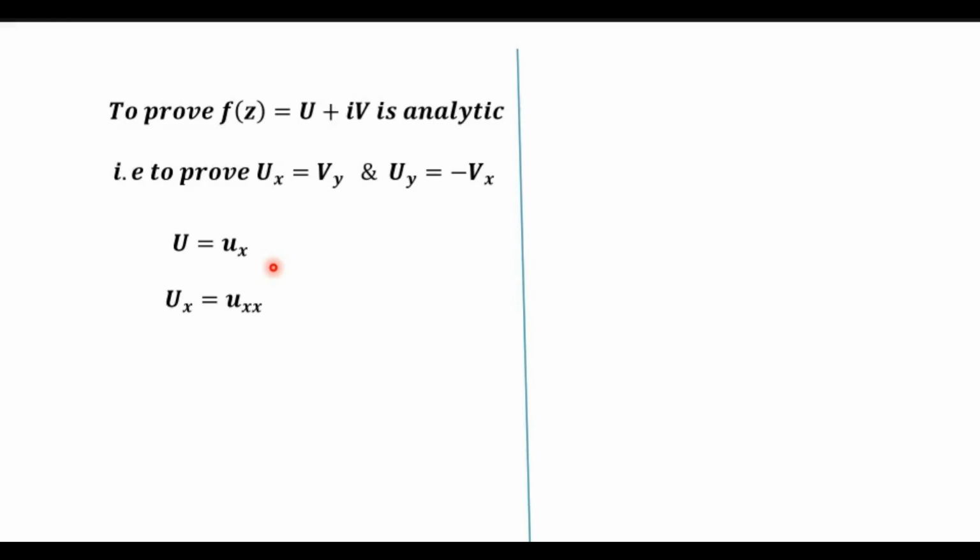So I will get dou square u by dou y dou x. I took V here, so Vy is equal to minus uyy. Okay, what did I do first? To prove Ux equal to Vy, I have taken U and V and then showed that Ux is equal to Vy.